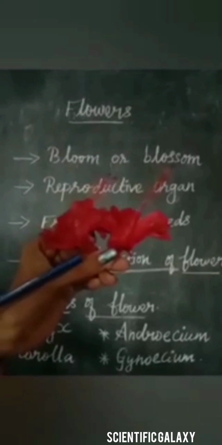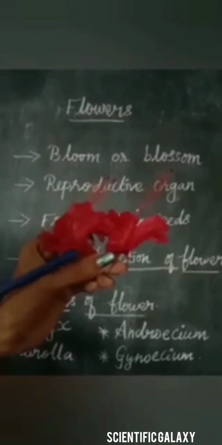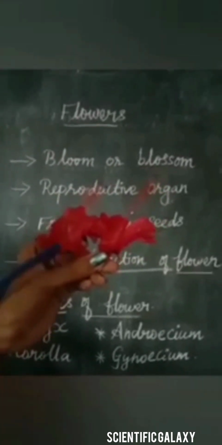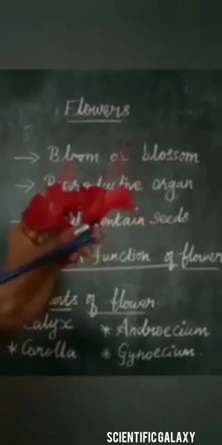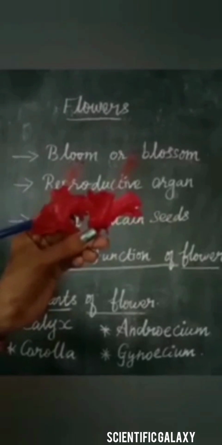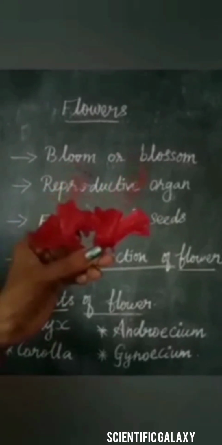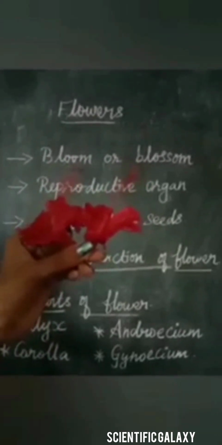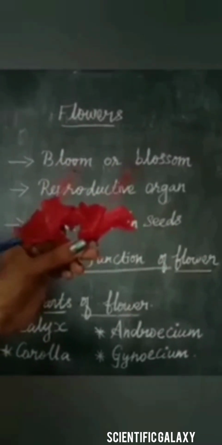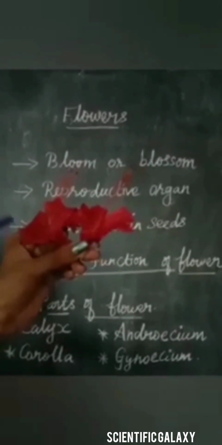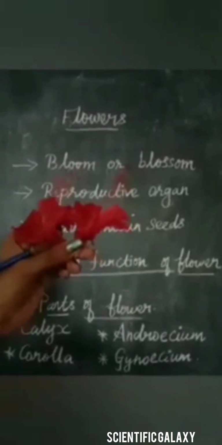The flower structure contains the plant's reproductive organs, and its function is to produce the seeds. The main function of the flower is to produce seeds, right? Through the reproduction process, and after fertilization, the ovary of the flower develops into fruit containing the seeds.